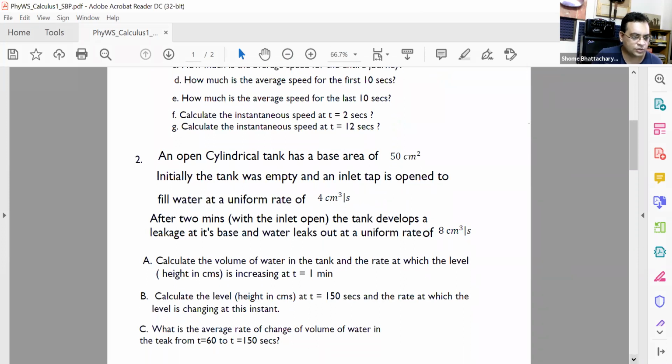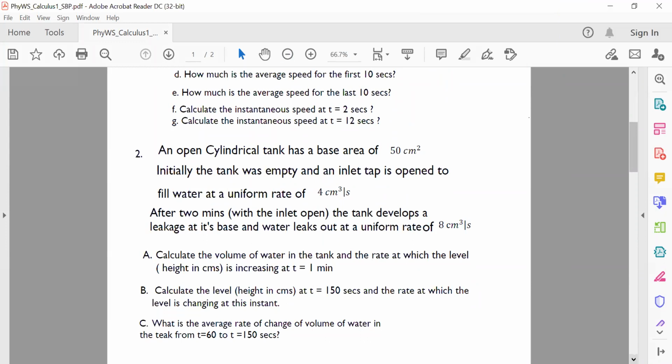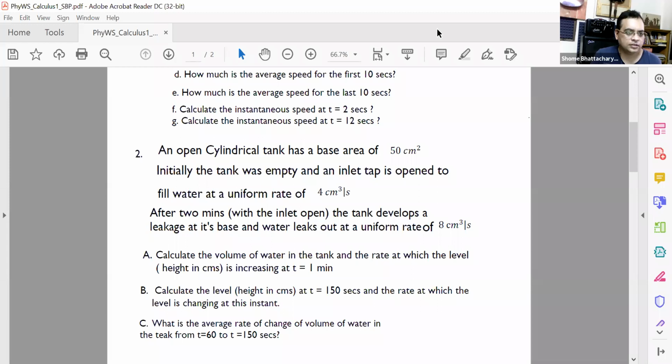Okay, so the second question was about that. The second question is also something where we have to really think carefully about the language of the question and try to understand what the question is saying. So we have an open cylindrical tank whose base area is given to us. And initially it was empty. Notice that it's given that an inlet tap is opened to fill water at a uniform rate. Now this rate is given in what?